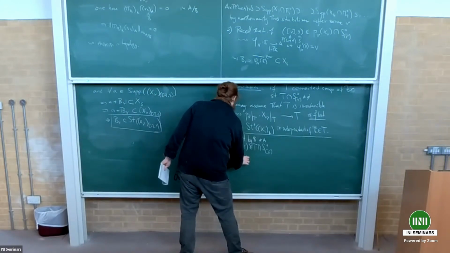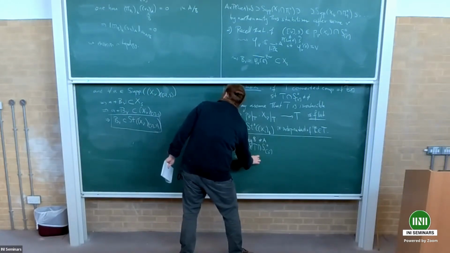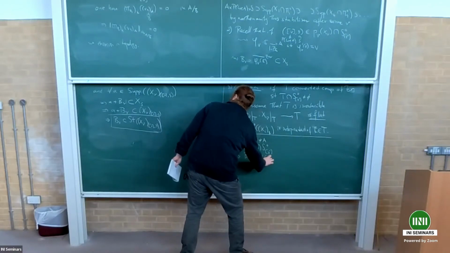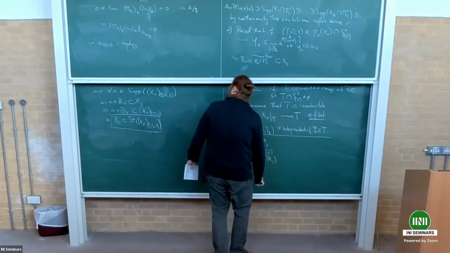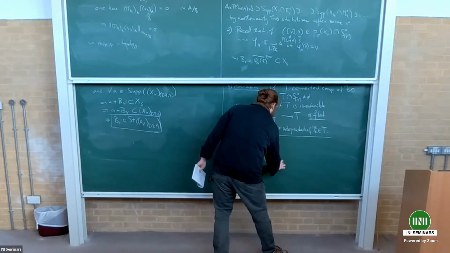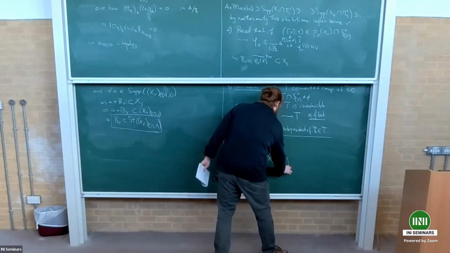This would imply that BV is in the stabilizer of X mu Vs, right?